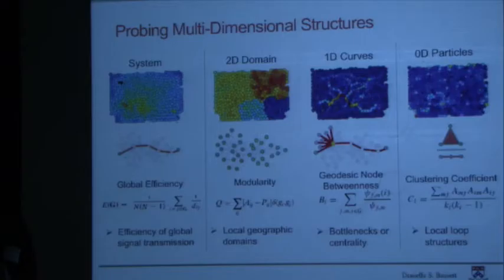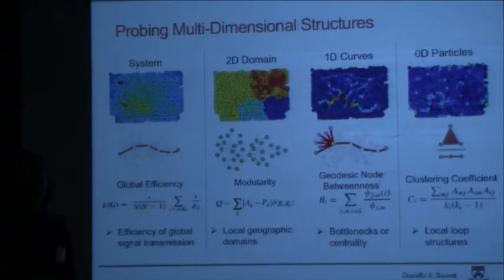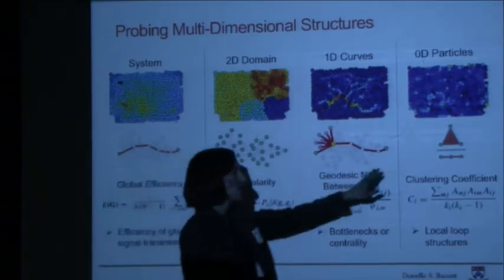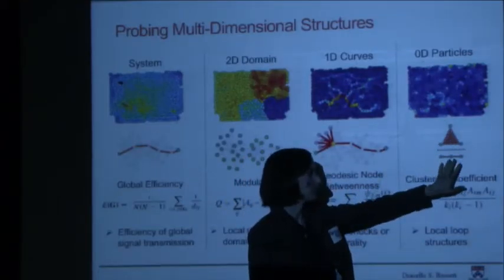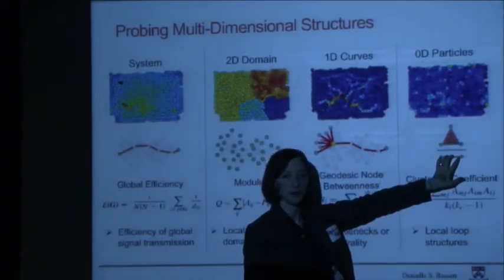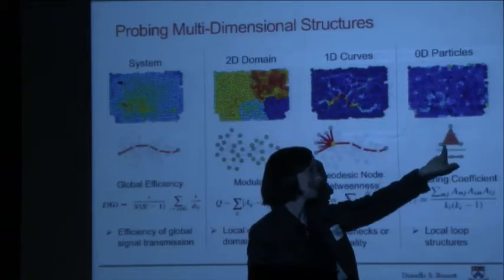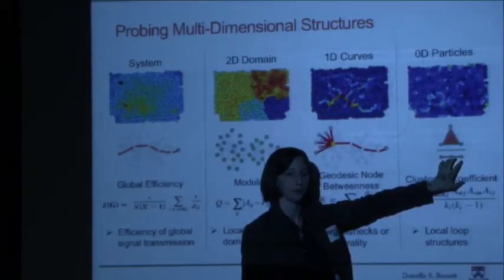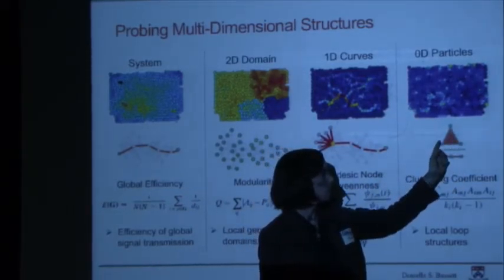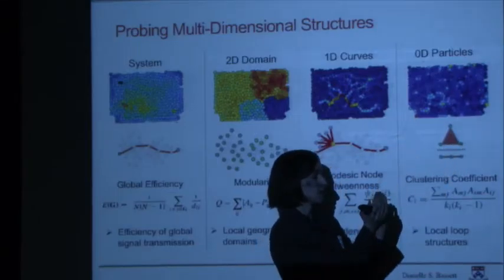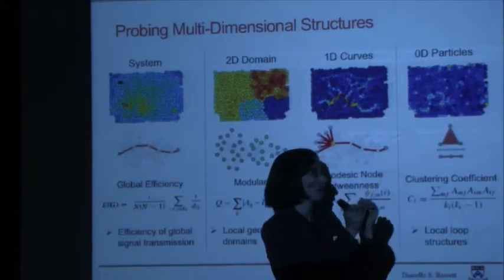Can you comment a little bit on the local loop structure? Yeah, so the clustering coefficient can be thought about as the number of triangles divided by the number of connected triples in a binary network. In a weighted network, it's the strength of the triangles divided by the strength of the triples. So basically, you can think about it as when particles actually connect up into a triangle.